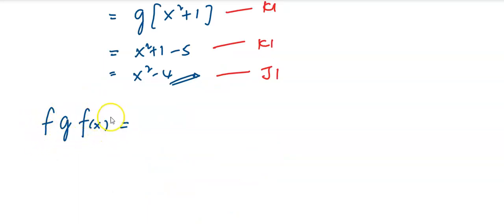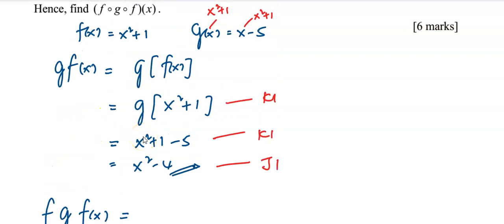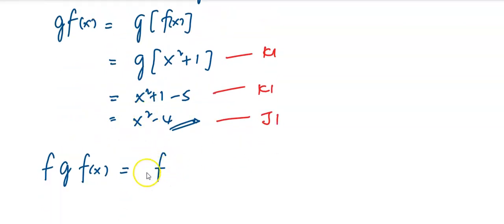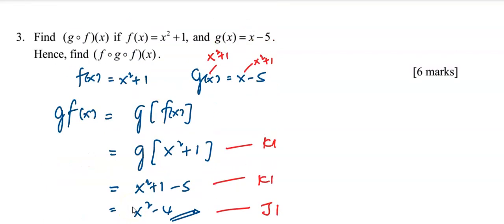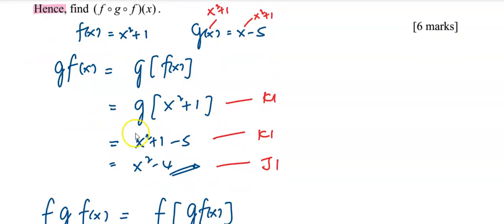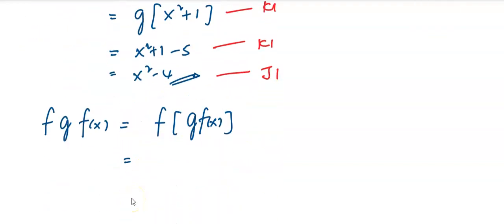So since we already got our g of f(x), we can just write our f g of x into this form. Don't forget, there is the word hence in the question, meaning that you need to use the result g of f(x) in order to answer the next question, that is your f g of x. So g of x will be replaced by x squared minus 4.